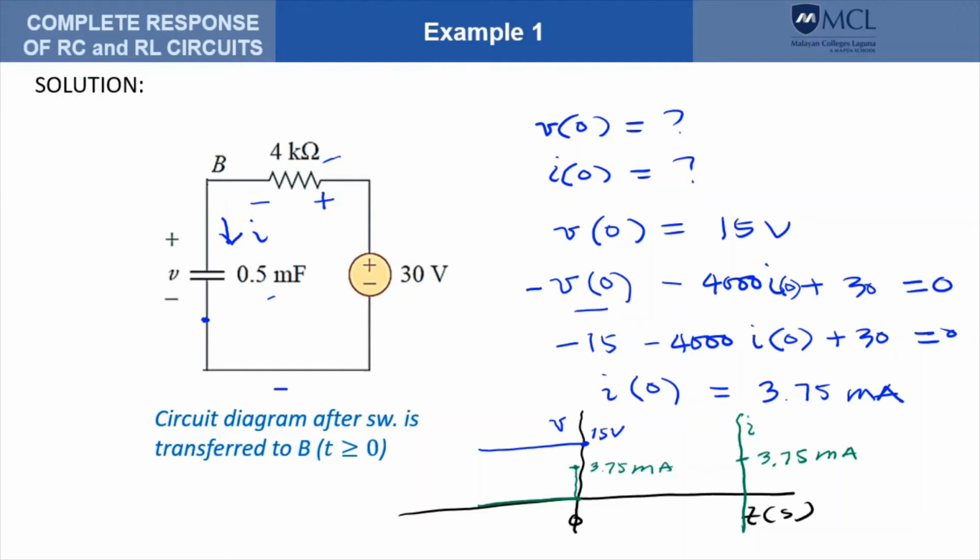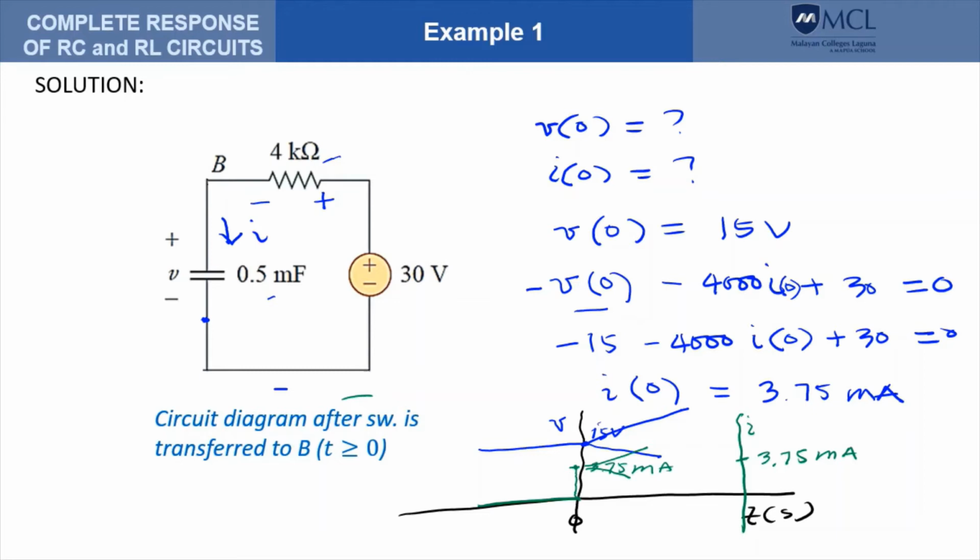As time increases, the circuit will go to a transient condition. Again, as I've said, the voltage could either go up or go down. Likewise, for the current, it could either go up or go down. But eventually, those values will again settle to new steady state values.